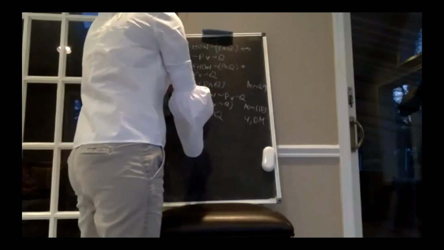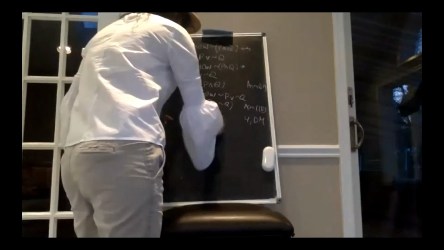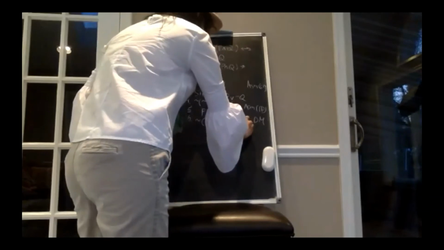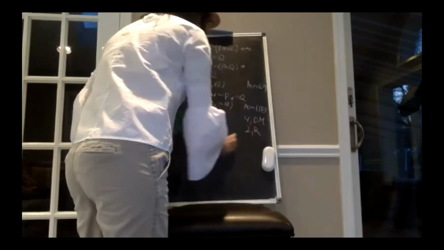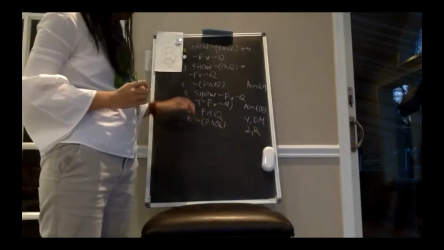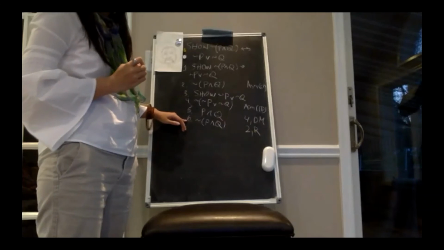So we have up here the negation of P and Q. To repetition. We used 2 and we repeated it to get line 6.